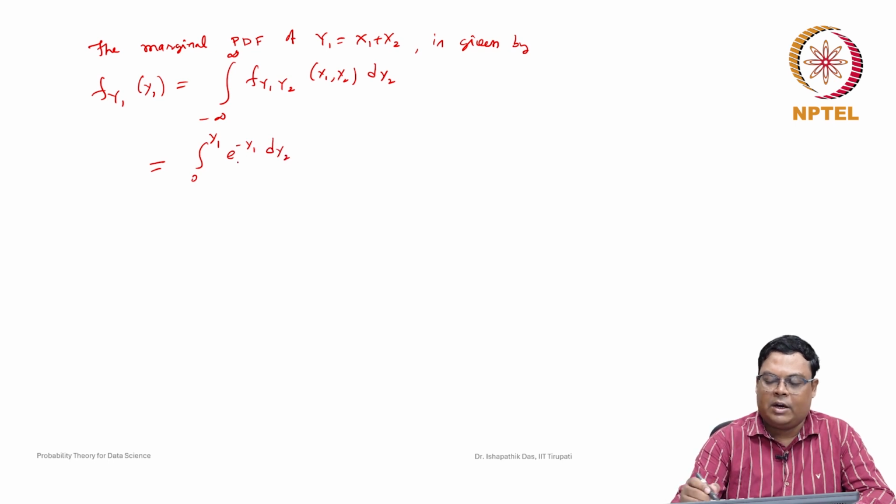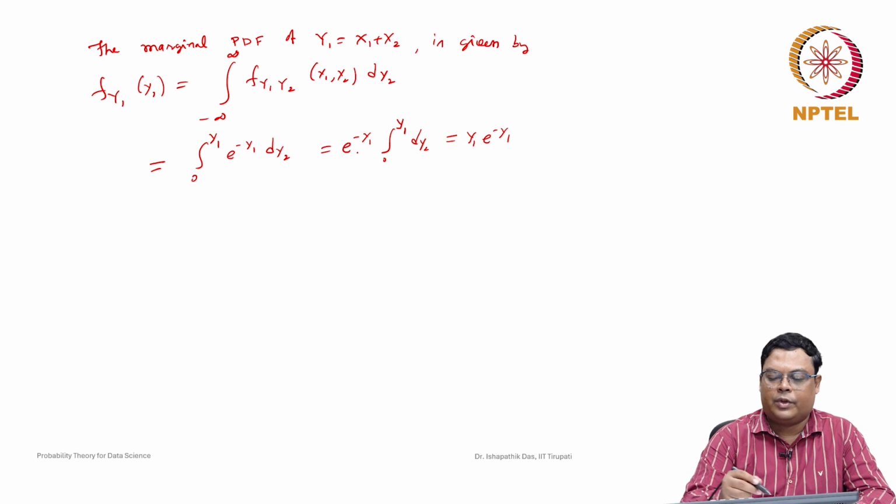Now this is independent of y2, so it is e to the power of minus y1 times the integral from 0 to y1 of dy2. If we do the integration, putting the limits, this is nothing but y1. So this is y1 e to the power of minus y1.